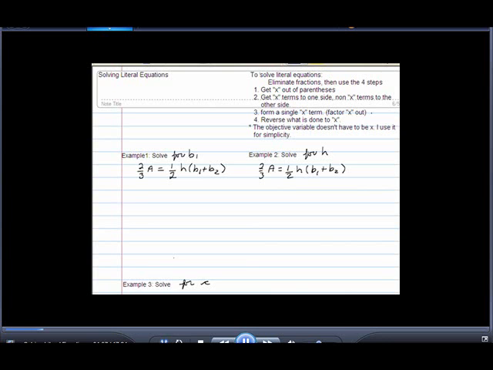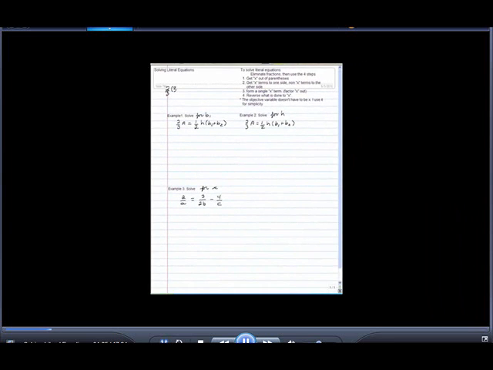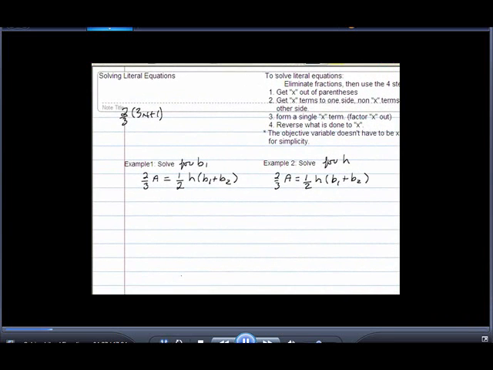So let's go right into the examples. We take a look at example 1. First thing I want to note is how many terms are in example 1. Now terms are products, and they are products that are separated by plus or minus signs. So if I had this expression, that is actually just a single term.